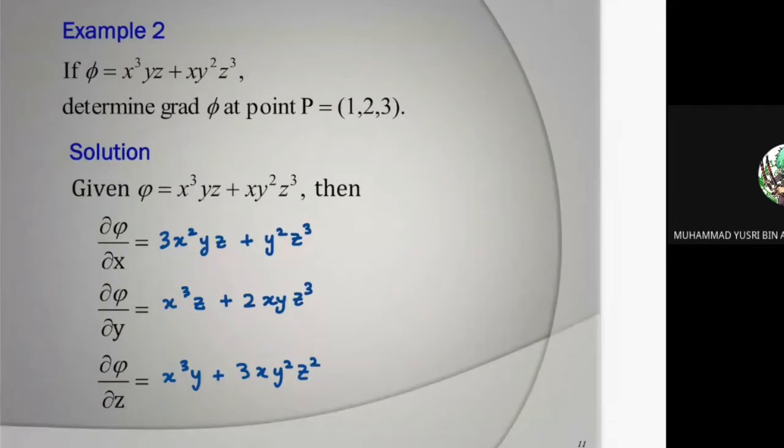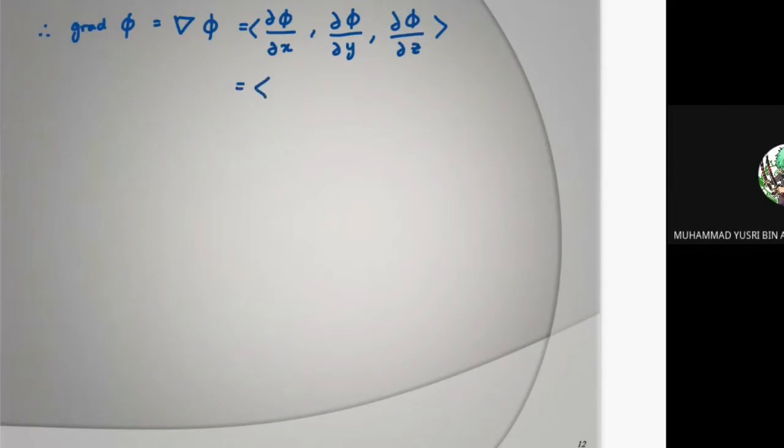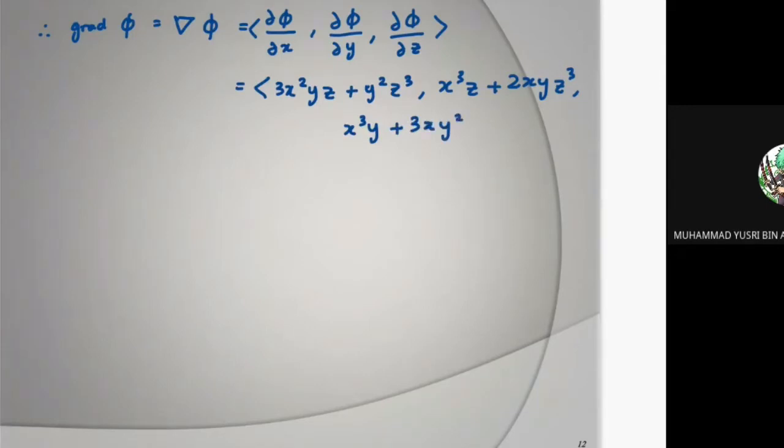Okay, now let's combine it to get the gradient phi. Your gradient phi is equal to del phi del x, I want to write in the bracket form, del phi del y, del phi del z. So this is equal to (3x squared y z plus y squared z to the power of 3, x to the power of 3 z plus 2 x y z to the power of 3, and x to the power of 3 y plus 3 x y squared z squared).